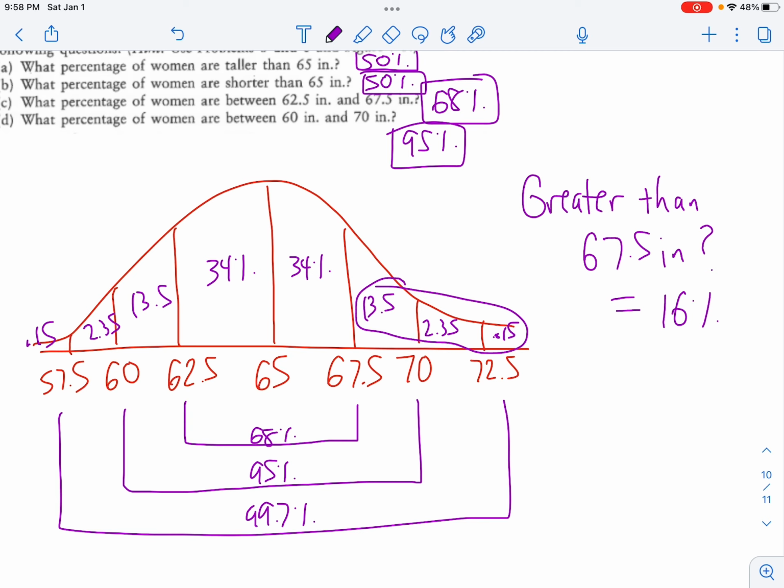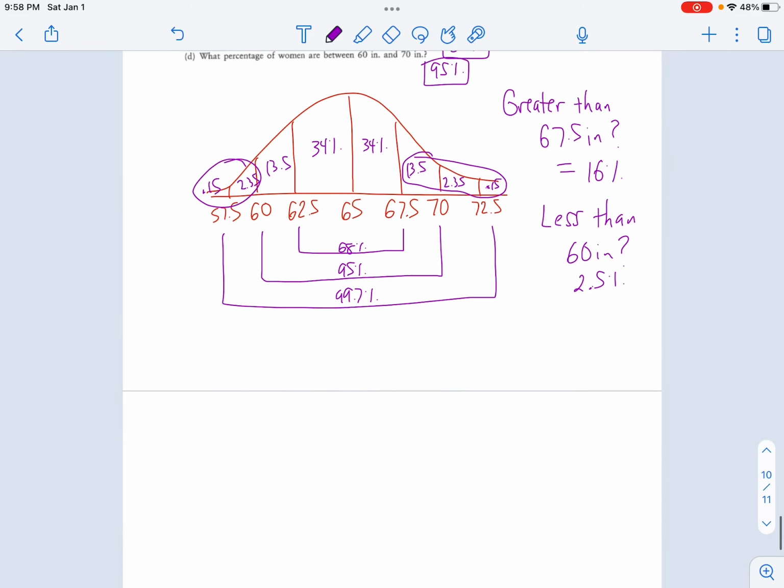Or it might say less than 60. So less than 60 would just be these two all the way to the left, which would be 2.5%. If you added 0.15 and 2.35, you get 2.5%. So you're going to use all these percentages to answer all the questions, and the percentages never change, and that's pretty much the lesson.